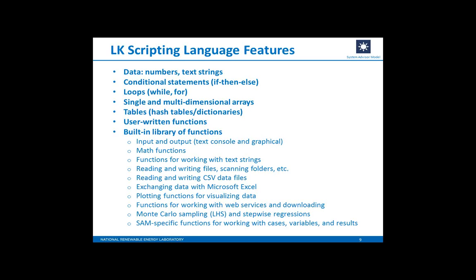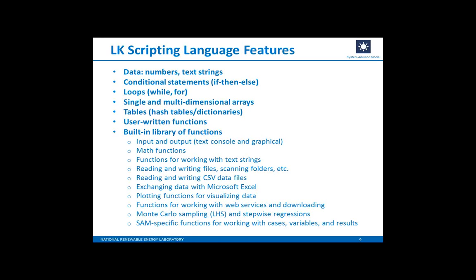So we've already seen basic output to the text console, but there are also ways to do graphical outputs. There's a library of math functions such as trigonometric functions, logarithmic, exponential, those types of things. There's a whole set of functions for working and parsing, scanning text strings.